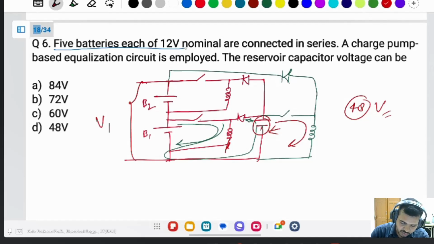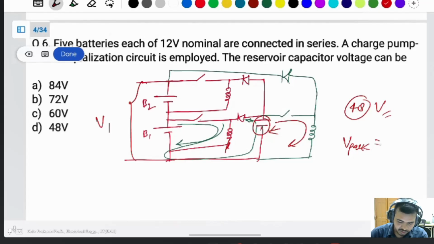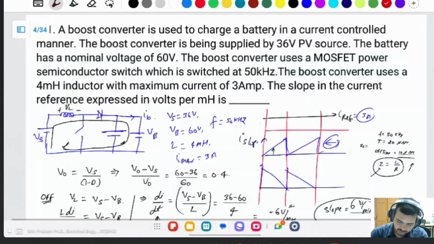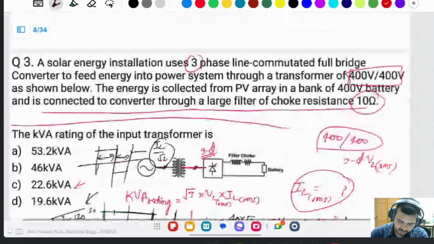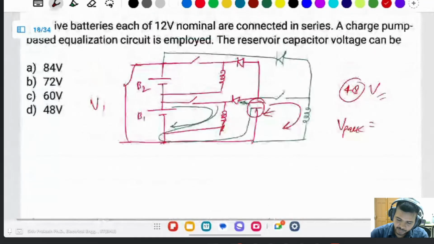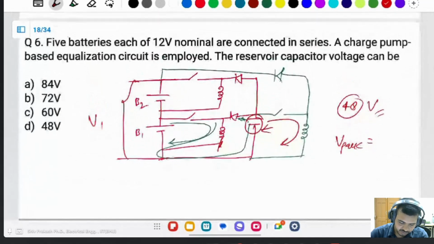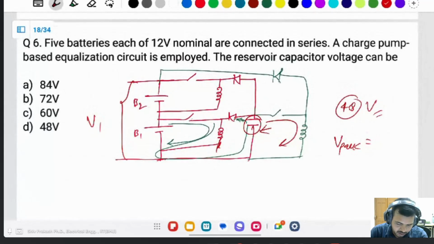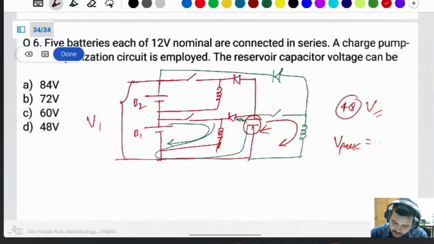Lower than this, say 12 volt nominal voltage of five batteries connected, then V pack of this one is 60 volt.